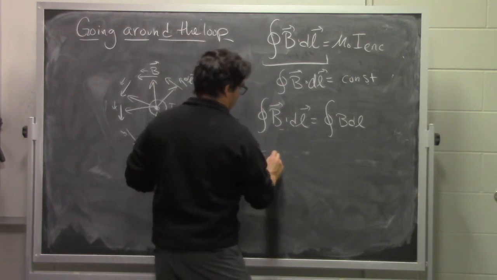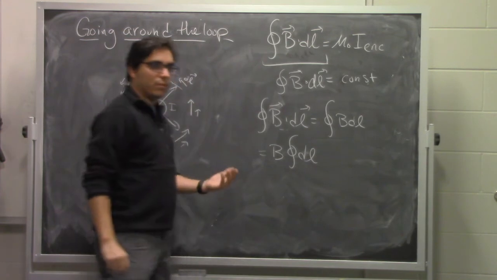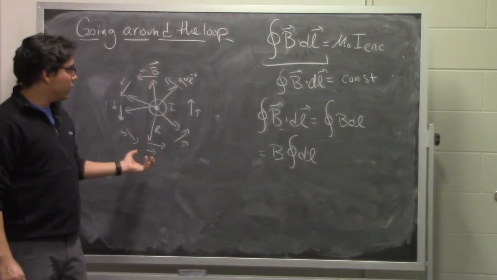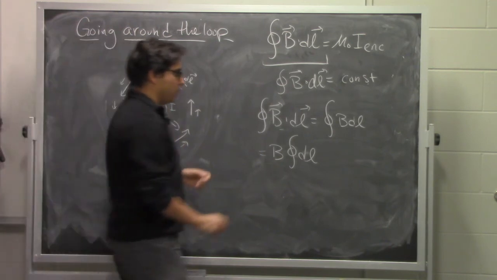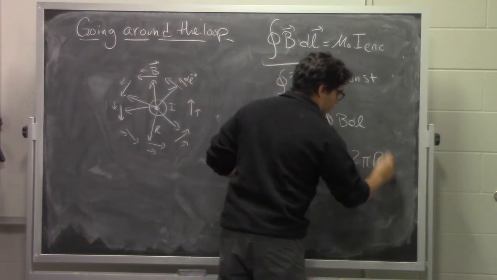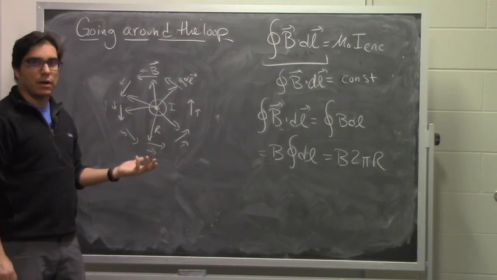So this simplifies even further: we just integrate to find the perimeter of the loop. In this case it is a circular loop because it follows the circular pattern of the magnetic field. The result is B times the perimeter of that loop, which is the magnetic field times 2 pi r.